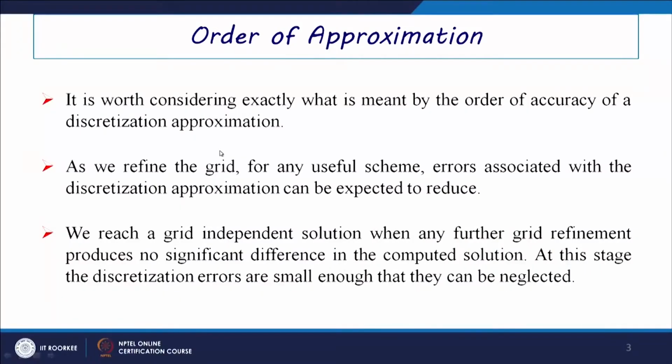So, an overview of the order of approximation. In the last lecture I discussed that if we expand a Taylor series at a point h, we can write f of x plus h as f of x plus h f dash x plus h square by factorial 2 f double dash of x plus all other terms.